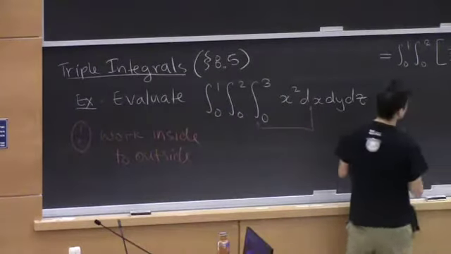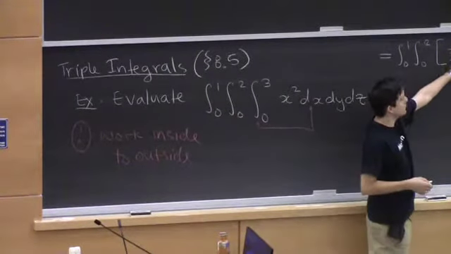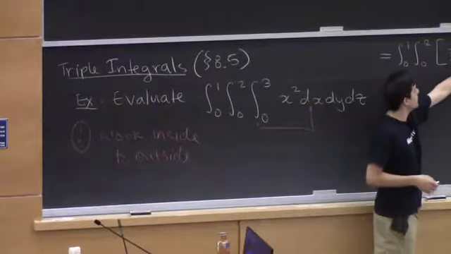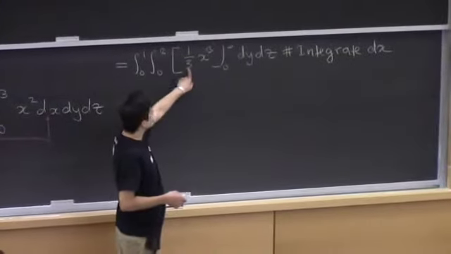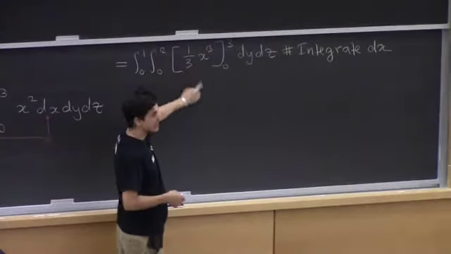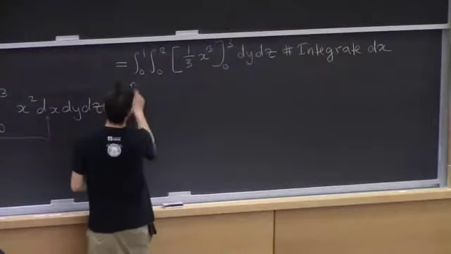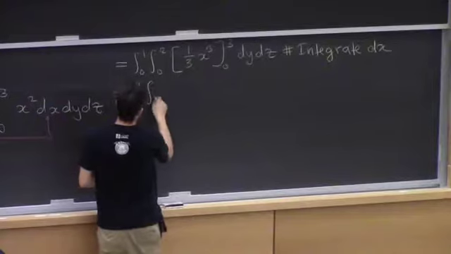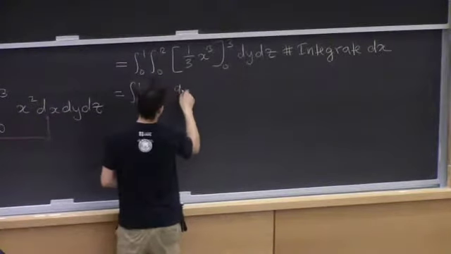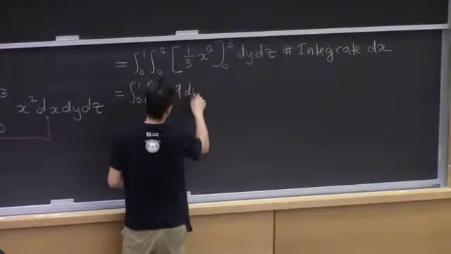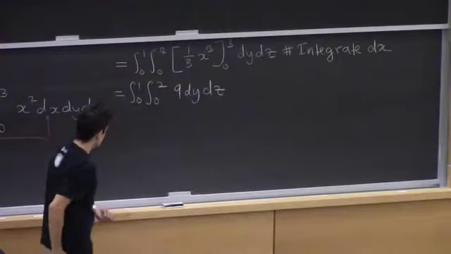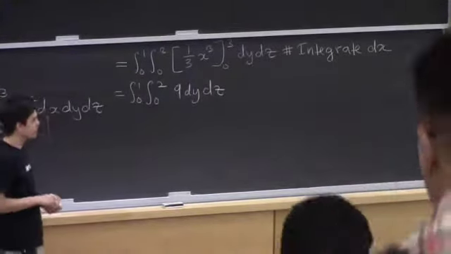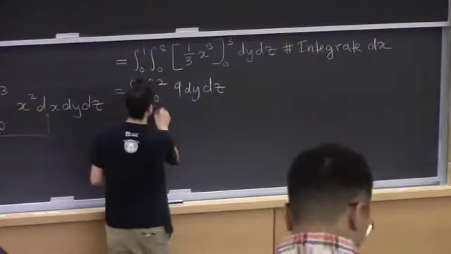Now when we do the fundamental theorem of calculus here, we plug in this 3. That'll give us 27. We divide by 3. That'll give us 9. All right, now we integrate the next variable.